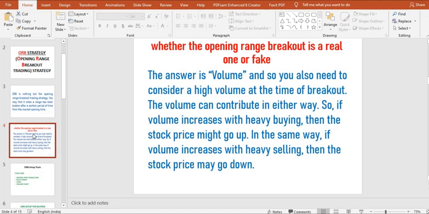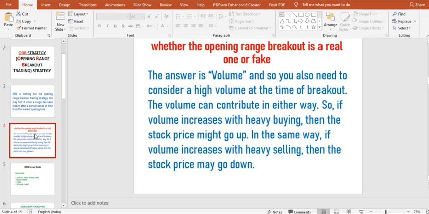Whether the opening range breakout is real or fake, by using volume we can finalize whether the breakout is real or fake. So you also need to consider high volume at the time of breakout.